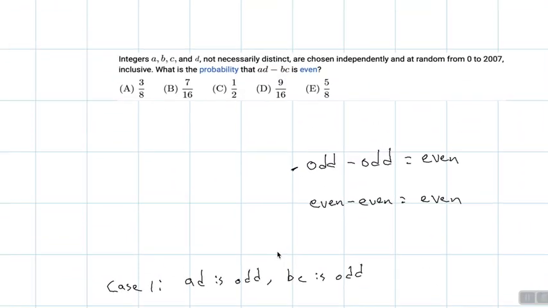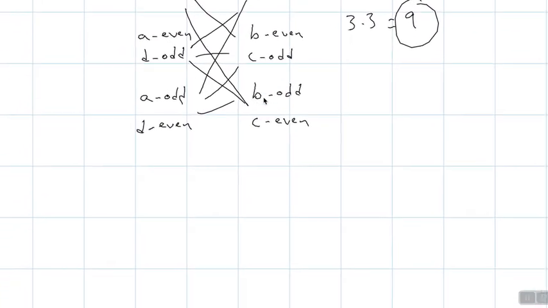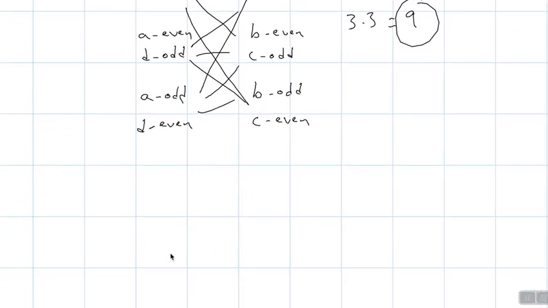So now getting back to this probability piece, what's the probability that AD minus BC is even? Well, the total number of ways to pick an even or odd combo for A, B, C, and D is, well, A could be either even or odd, so there are 2 ways to pick for A, 2 ways to pick for B, 2 ways to pick for C, 2 ways to pick for D. It can be either even or odd.